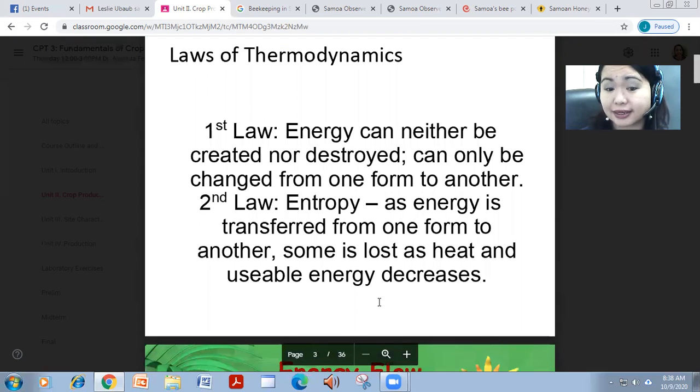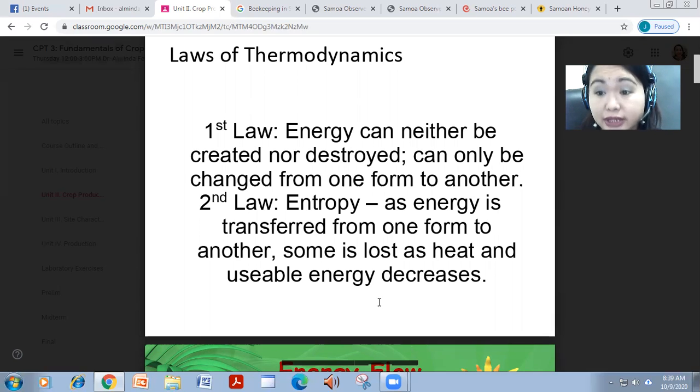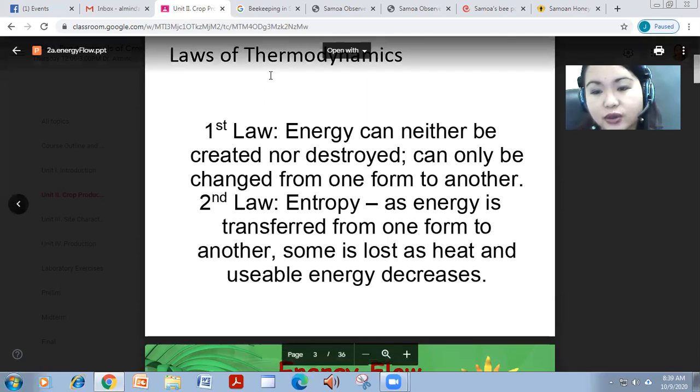As energy, we cannot create or destroy it, we just get it from a source, and then it is transferred or we use it, and so it is lost as heat as we use our energy in our body for metabolism, for growth, and even for our activities, physical activities, brain activities. So these are lost, and the energy that we possess also decreases as we transfer it or as we use it.